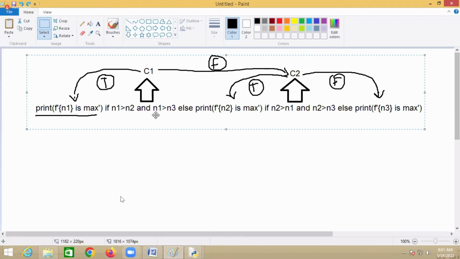If the first condition is false, then there is one more condition to check.